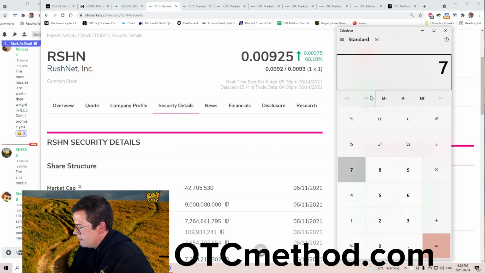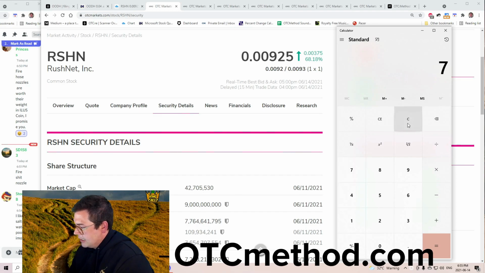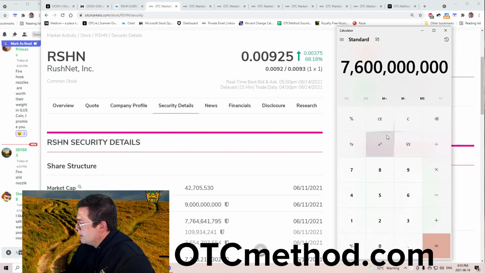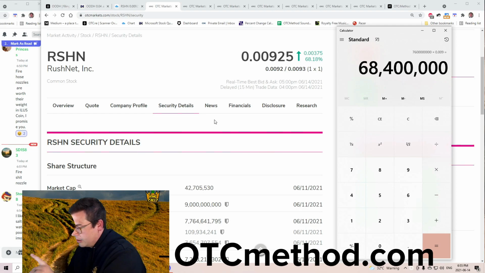So they would have to buy 7,575,000 shares, I'm just going to do it round, times 0.009. So that would cost $68 million to take all those shares back from people at this current price.